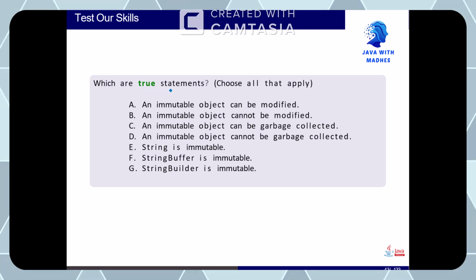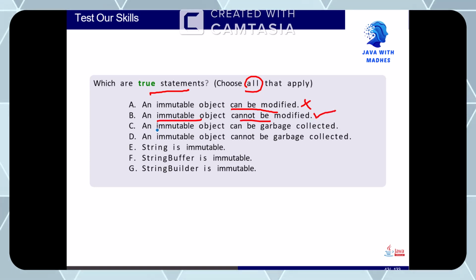Which are true statements? Choose all that apply. An immutable object can be modified. The statement is wrong because we cannot modify an immutable object. An immutable object cannot be modified. This statement is true. An immutable object can be garbage collected. We'll come back to these two lines. String is immutable.